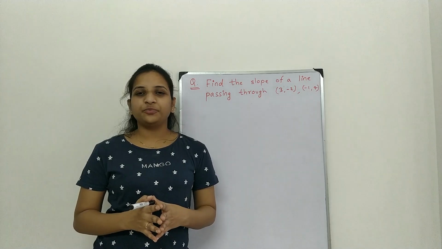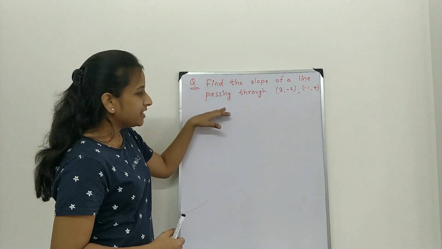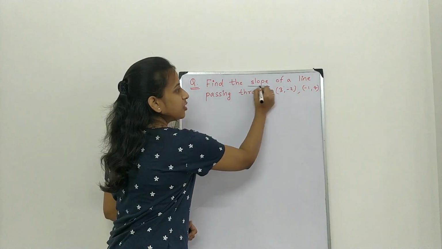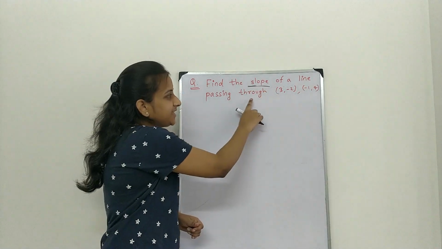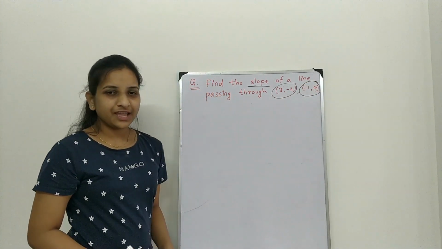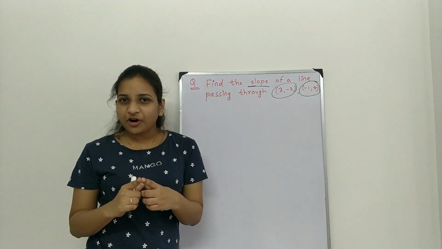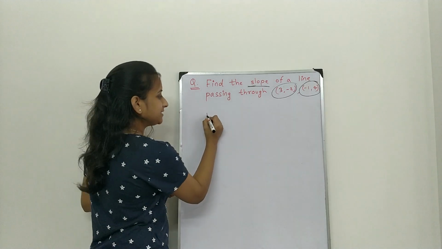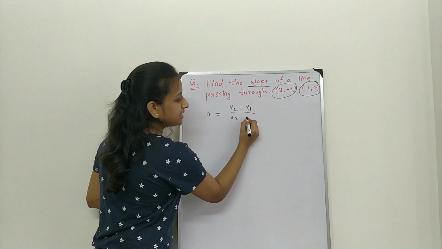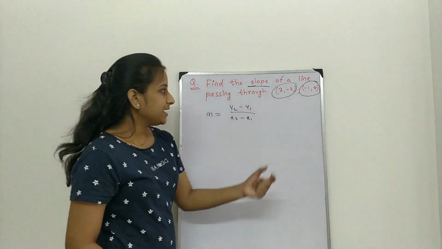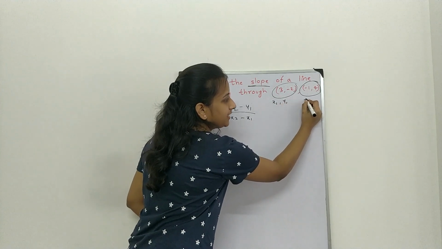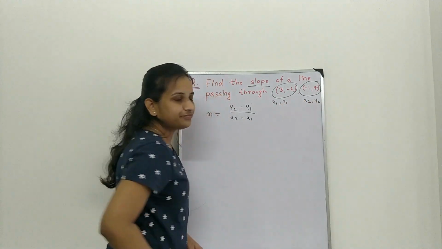Now let's solve a few problems. Here we need to find the slope of the line passing through these 2 points. Okay, so what is our formula? Slope is (y2 minus y1) upon (x2 minus x1). Consider these point coordinates as x1, y1 and these as x2, y2.